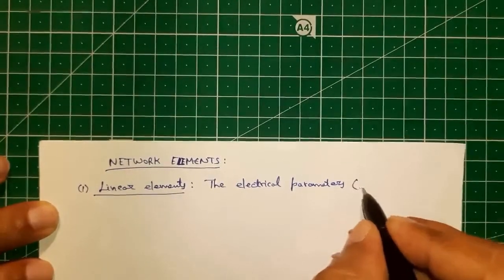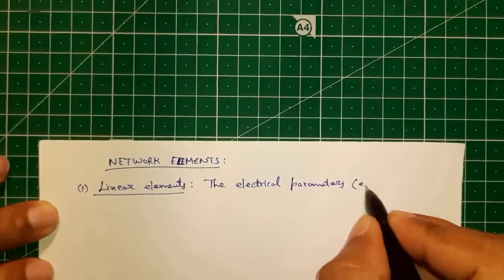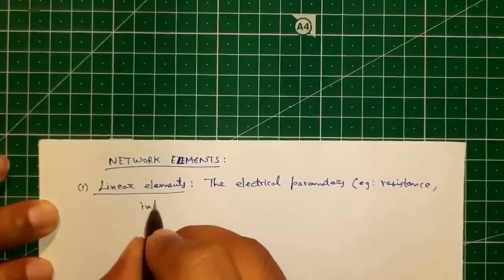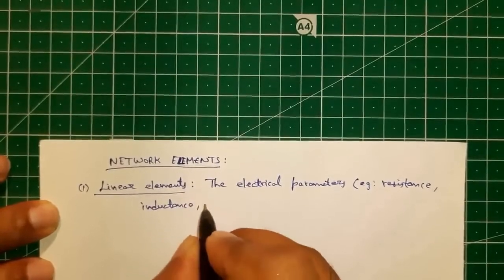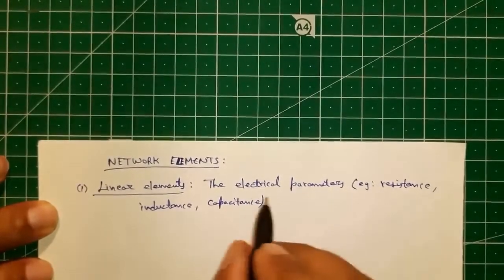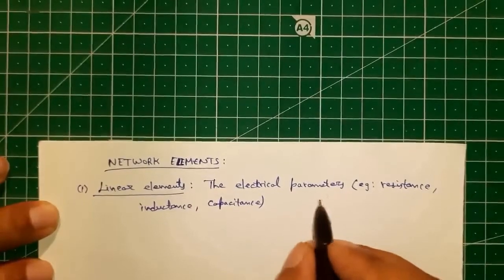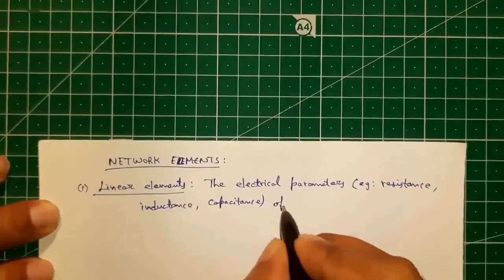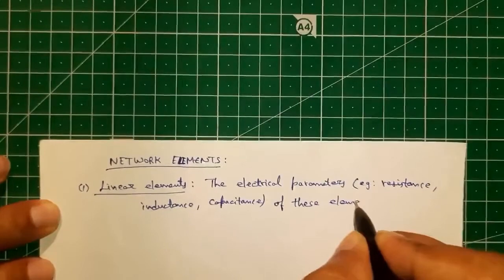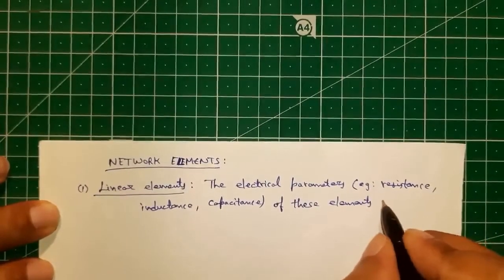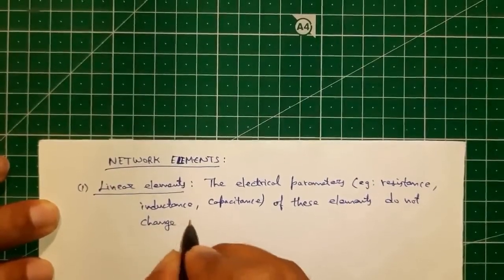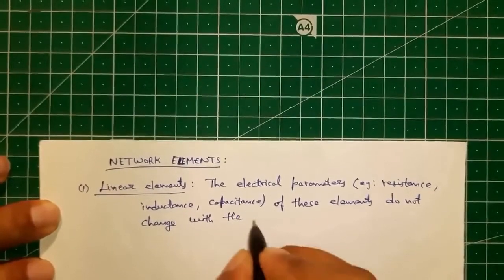Okay, so electrical parameters are like resistance, inductance, capacitance, etc. For linear elements, these parameters of these elements do not change with the applied voltage.